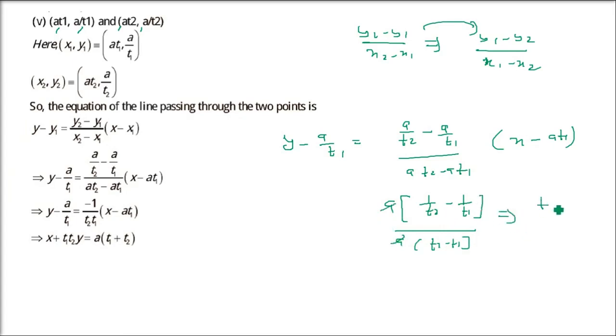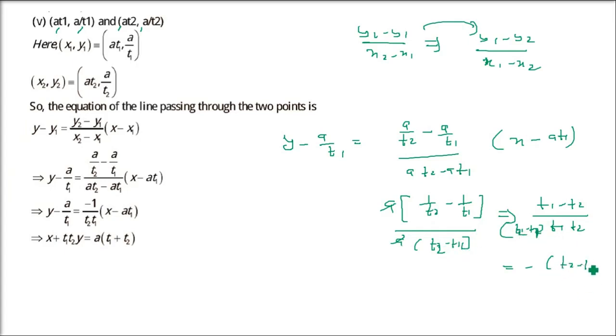And how is this going to be? t1 minus t2 by t2 t1, and in the denominator you have t2 minus t1. Now since t1 minus t2 and t2 minus t1 is there, we can take minus 1 common, it will be t2 minus t1. So the numerator will be t2 minus t1, denominator also we have t2 minus t1.